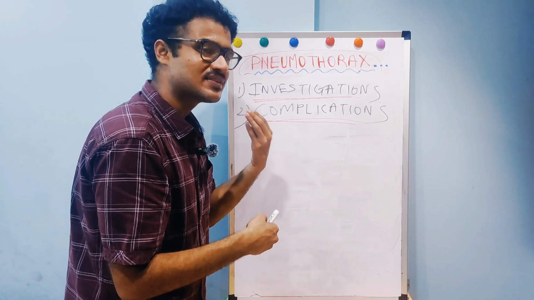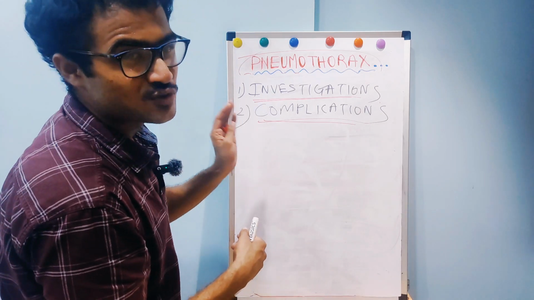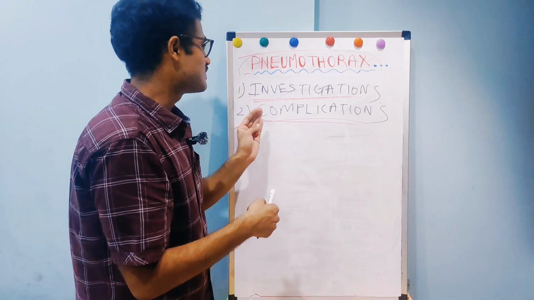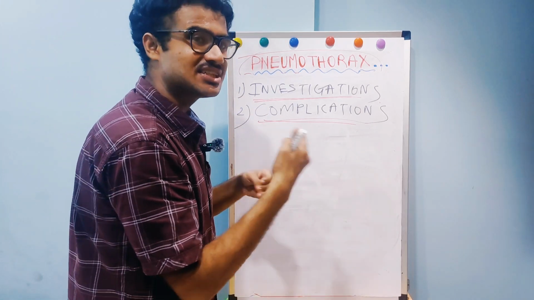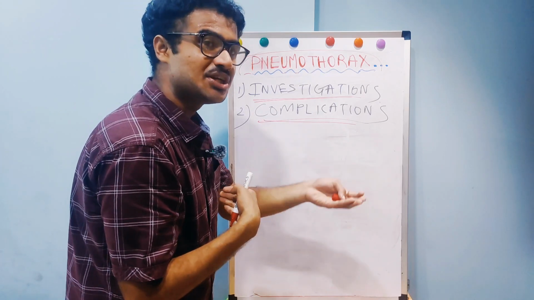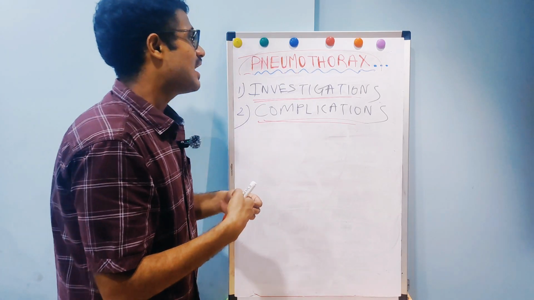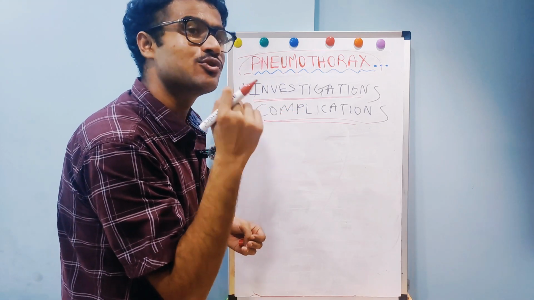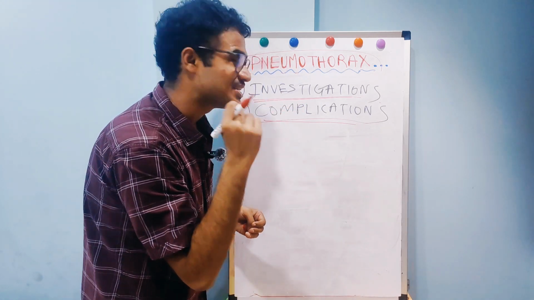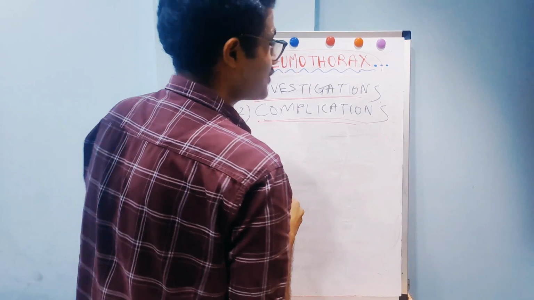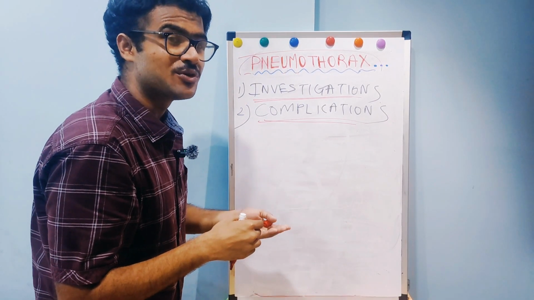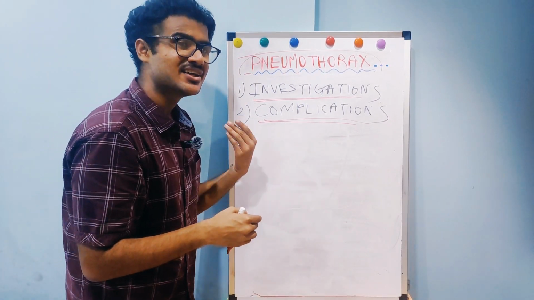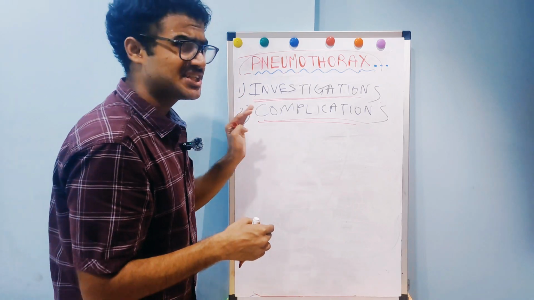So bronchovascular markings are absent, and there is complete translucency. And there is mediastinal shift to the opposite side. And you can see the visceral pleural line and the margin of the lung. Also you can see absence or presence of pleural fluid complicating empyema and underlying lung lesion. So basically this is about chest X-ray.